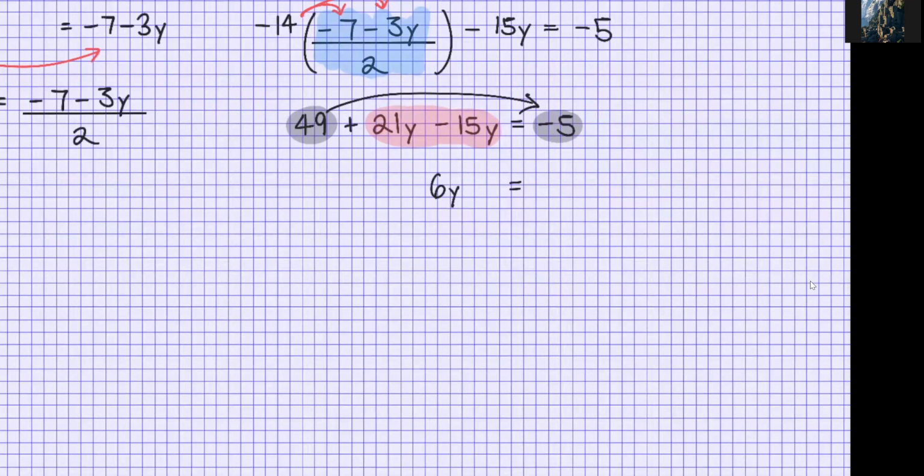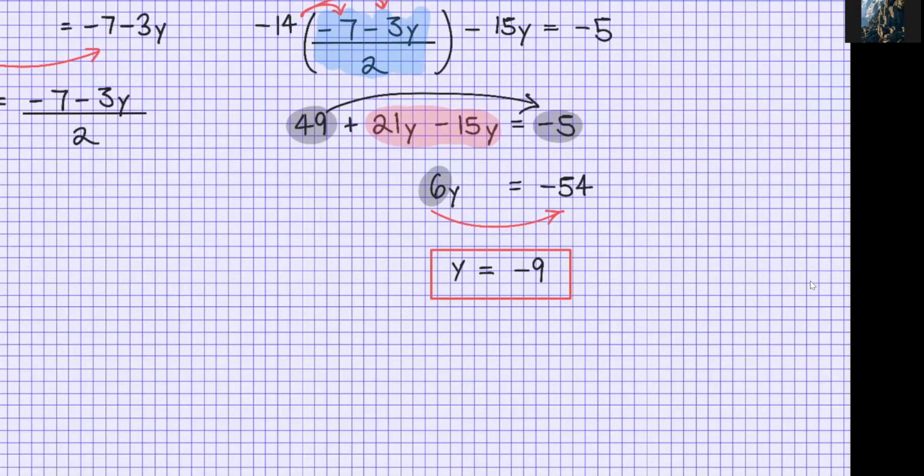And then -5 minus 49 will be -54. Now the 6 will go to the other side dividing. So -54 divided by 6 is -9. So I have my y coordinate ready.